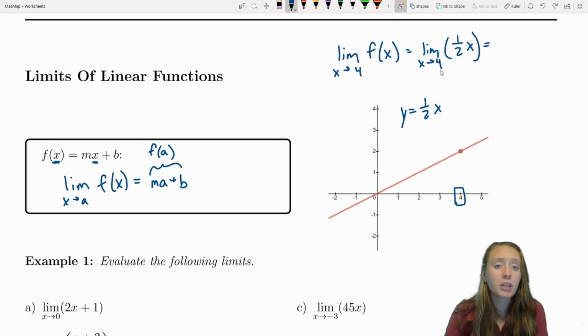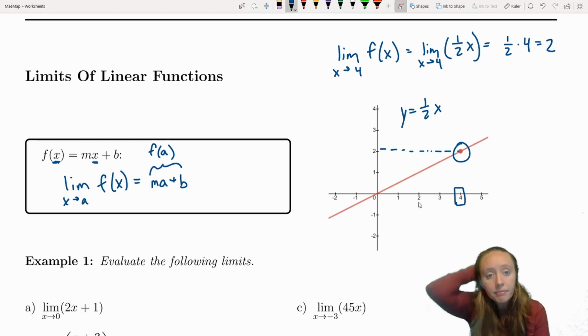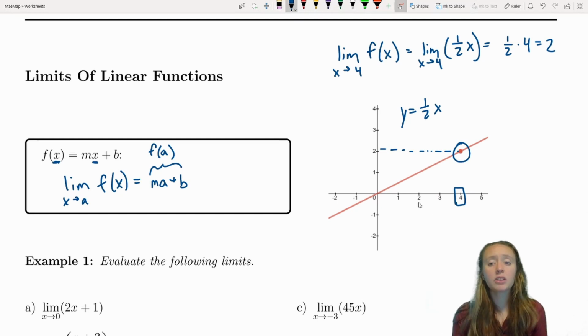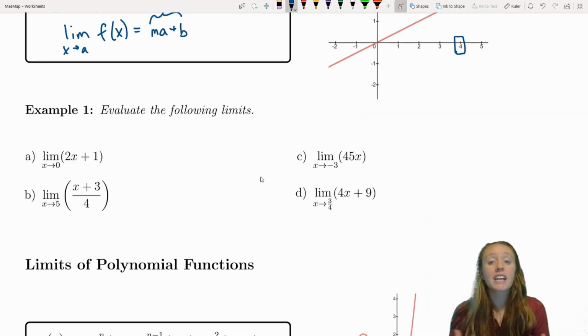All I'll do is plug in 4 for that x. So we get 1/2 times 4, which gives us 2. And you can indeed see that the limit as x approaches 4 is 2. And that's it. That's how to do a limit of a linear function. We're just plugging in that a value right on in for x. So I have a couple examples below where we will work with taking the limits of linear functions.